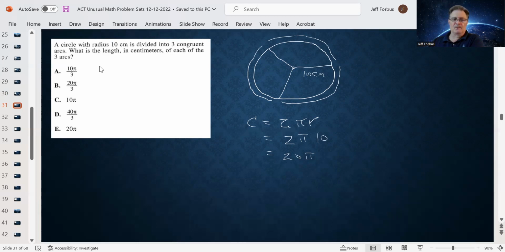We want to know what is the length of each of the arcs. Well, if you take the 20 pi and you divide it by the 3 arcs, that gives us the length of each one of them. And in this case, they don't even want us to calculate it. They just wanted us to write it. So answer choice B. There you go. Next question.